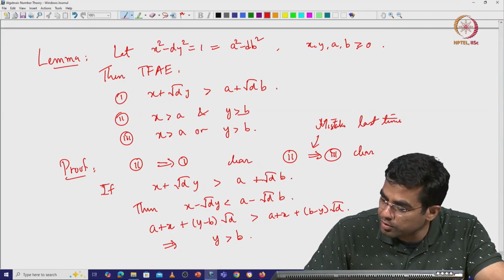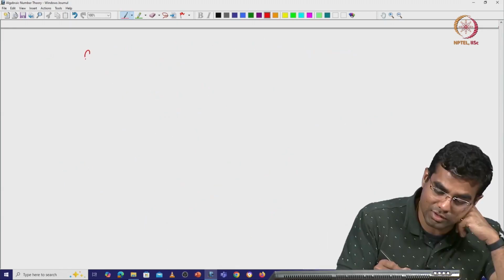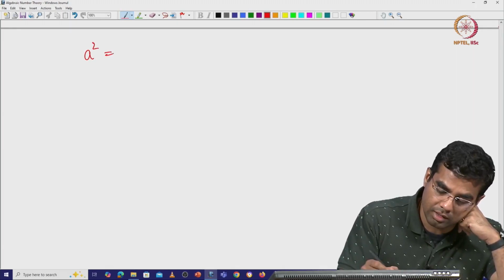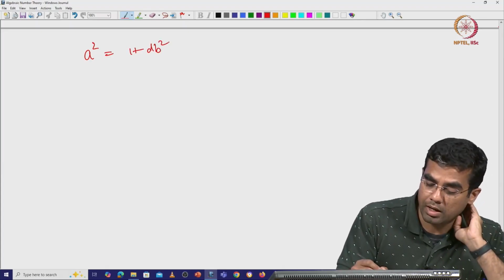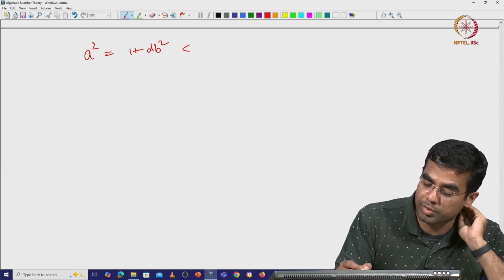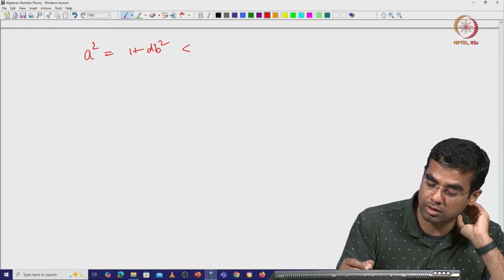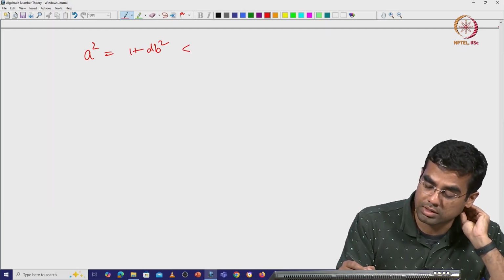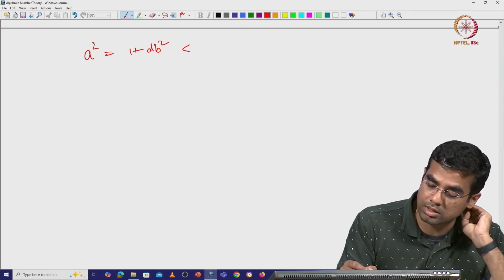Maybe let me not write it that way. So, a square is 1 plus d b square, and I know that b is less than y already. So, what this tells me is that this thing is less than 1 plus d y square, which is x squared.